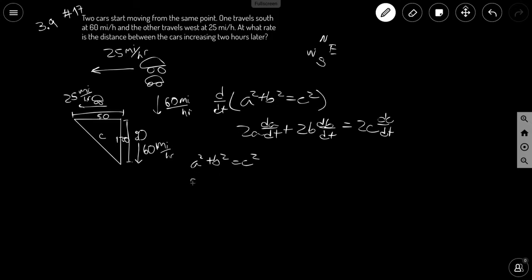That's going to be 50 squared plus 120 squared equals c squared. 50 squared is going to be 2,500. 120 squared is going to be 14,400.